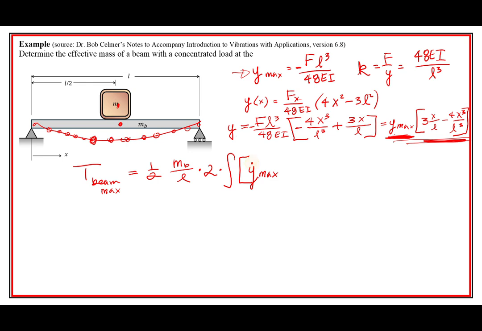So here's the maximum at the middle, but it's going to be times 3x over L minus 4x cubed over L cubed, and we have to make that squared. And then we do this by dx, and we're going to go 0 to L over 2.